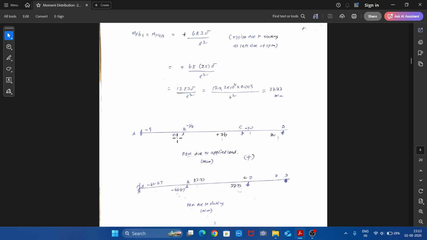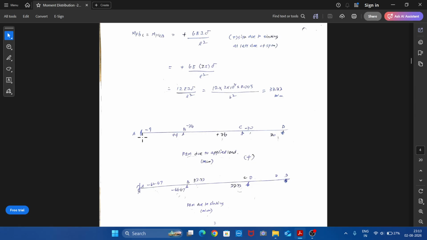So here we need to mark the fixed moment due to applied load like this. So here minus 9, plus 9, minus 36, plus 36, minus 30, plus 30. And fixed moment due to sinking is minus 66.67, minus 66.67. This is for MF dash AB and MF dash BA. And this is 33.33 and 33.33 we got for BC, and 0 here.